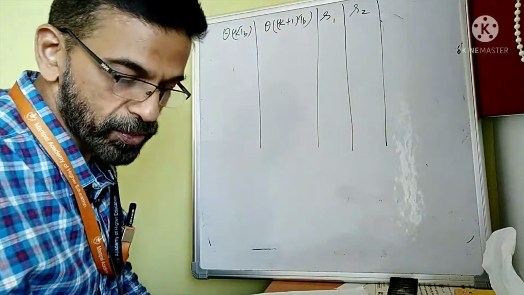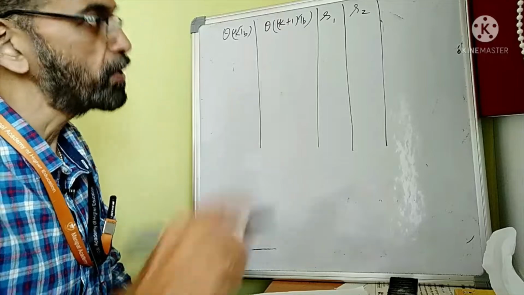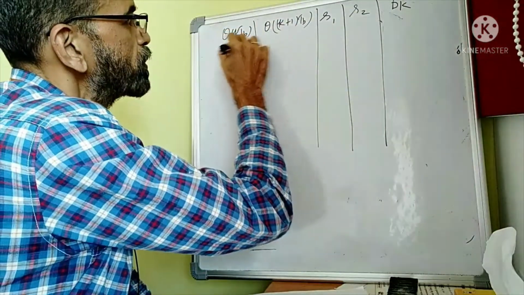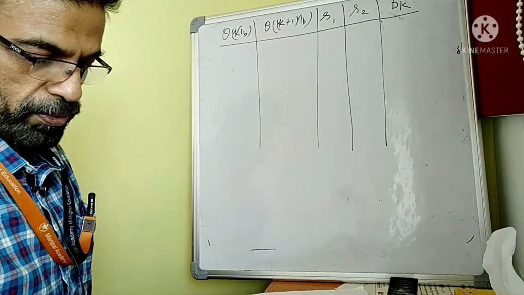Remember, S2 is minus root Eb sine theta k plus 1 tb, and we have the detected bit here in the interval ktb to k plus 1 tb.